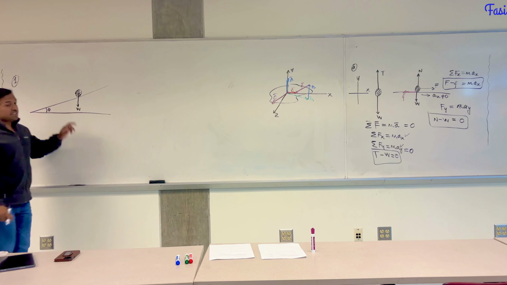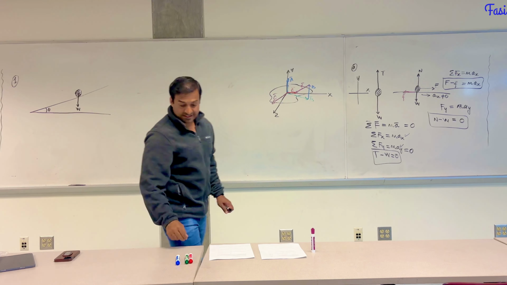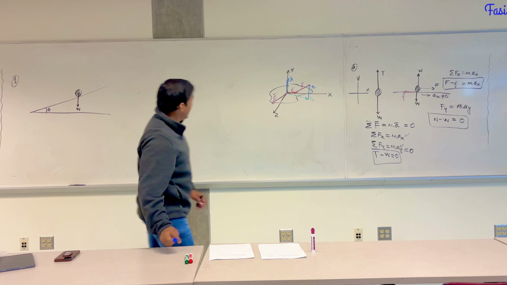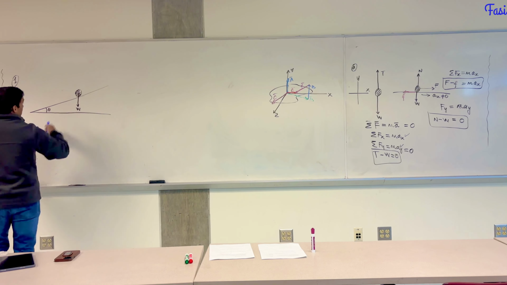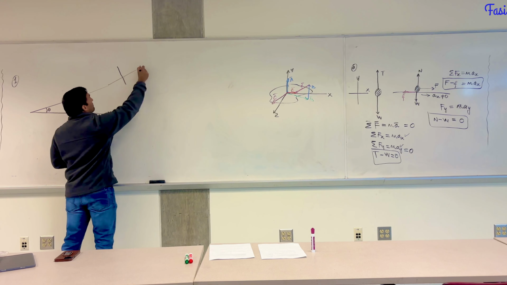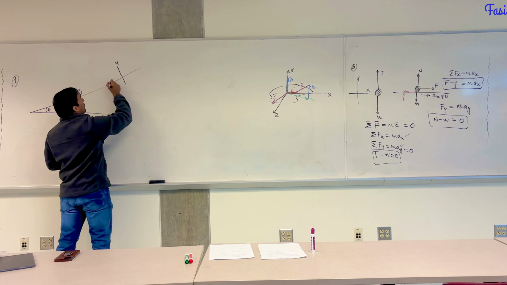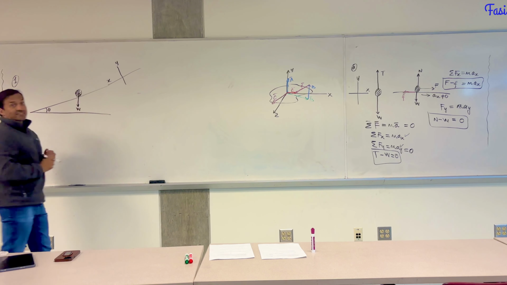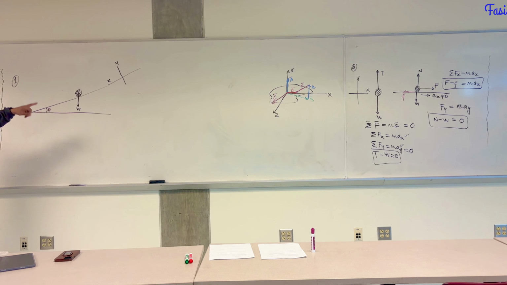But you see this weight is not along this plane. And what I'm doing is choosing my coordinate system like this. This is positive y, this is positive x. Look at the choice. I made this choice so that my problem becomes easy.